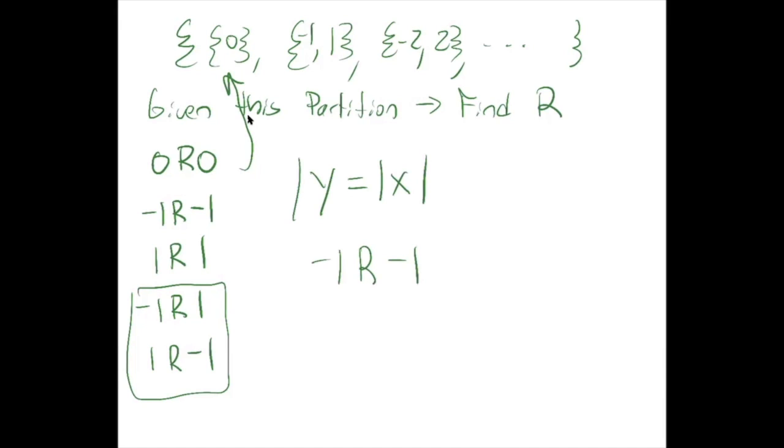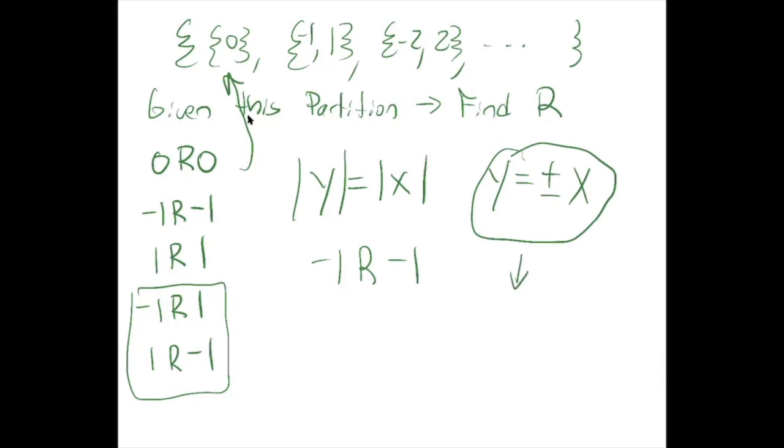A lot of people fix that by saying something like this would work. A lot of people wrote something like this as the relation, and I didn't take off points, but I made a comment that when you write this, it might not be clear whether you're saying y has to equal x and -x, whether this is an and or an or statement.